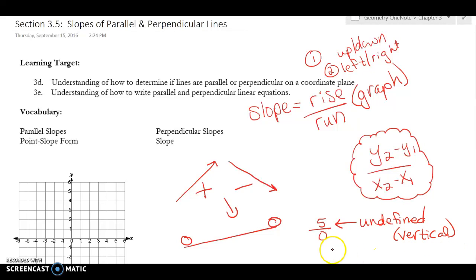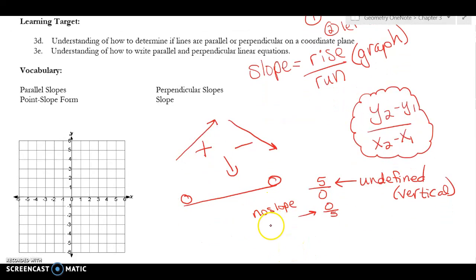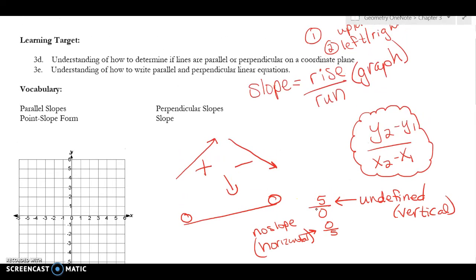And if I have 0 on the top, that is no slope or 0 slope, and that is going to be horizontal. Okay, so there's a lot of different things to remember for slope. You have to remember, first of all, that it's up and down, then left and right. It's rise over run, you've got the slope formula, and then you have to remember directions.